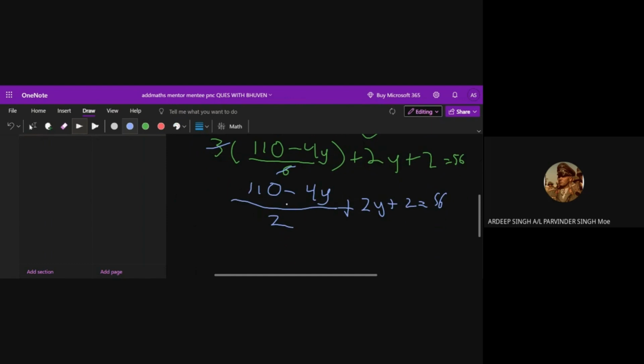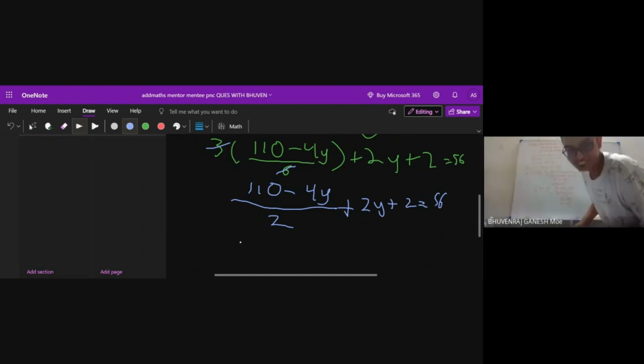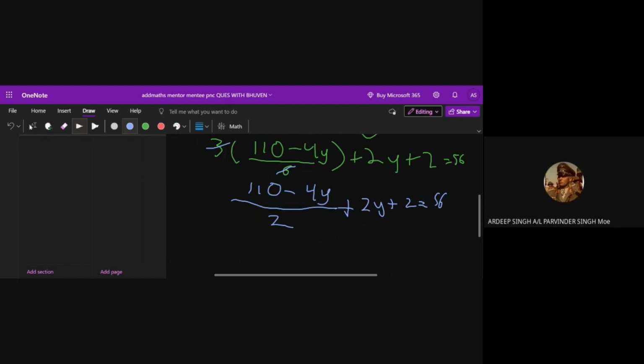Now 110 minus 4y divided by 2, you get? Don't use a calculator, use mental. 110 divided by 2 you get 55, because 55 plus 55 is 110.